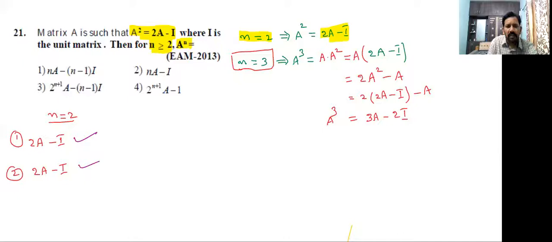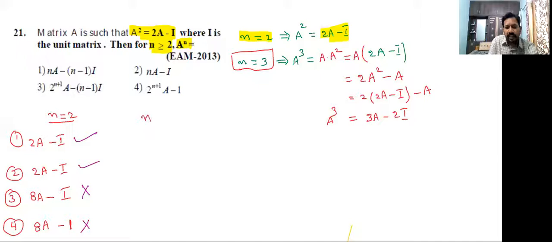So this is also correct. Now third option: verify 2 power 2 plus 1, that is 2 cube, 2 cube means 8. 8A minus I. Yes, this is eliminated because it is a wrong answer. Next, verify the fourth option. We get 8A minus 1. This is not I. This is actually a matrix equation, but 1 means constant. This is 100% wrong.